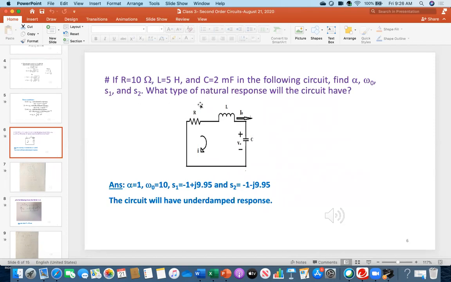Also, what type of natural response will the circuit have? Is it underdamped, overdamped, or critically damped? That's the question. I have written down the answers here, but on the next slide, let's have a look at the solution.